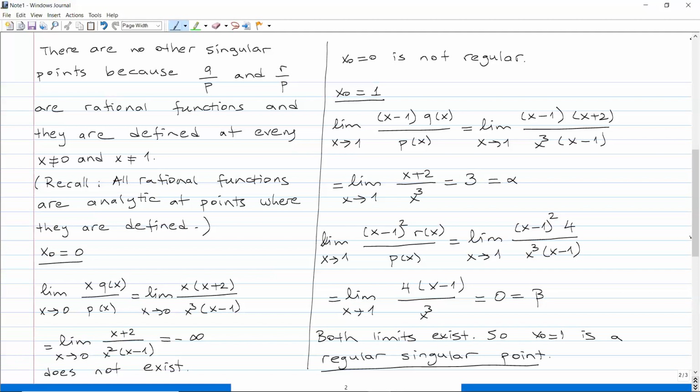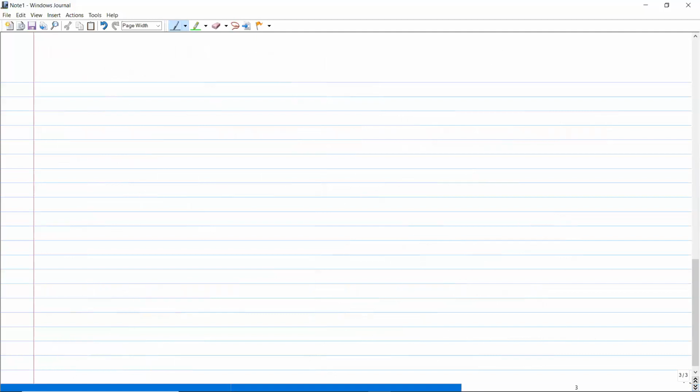So we need to change the power series a little bit. To see how to obtain solutions, we consider special types of equations which have regular singular points. So we consider what is called Euler equations.